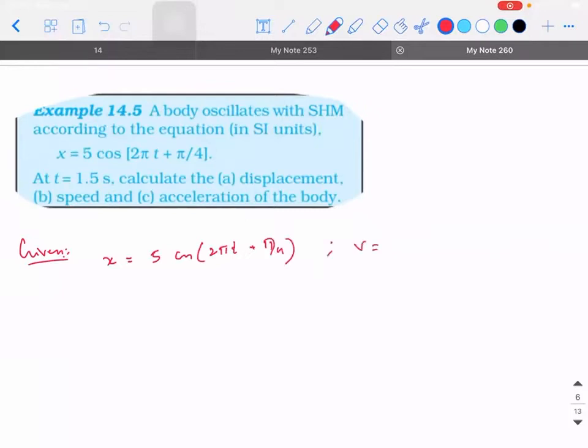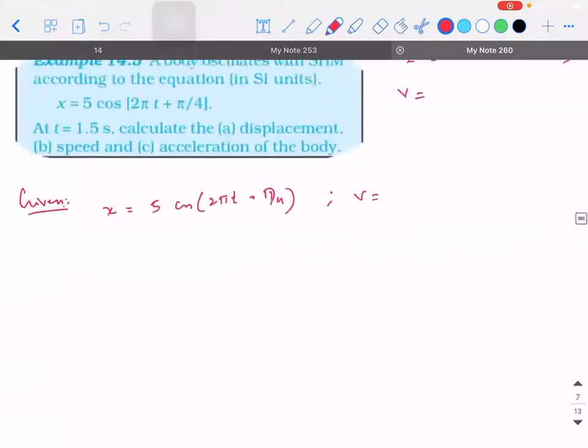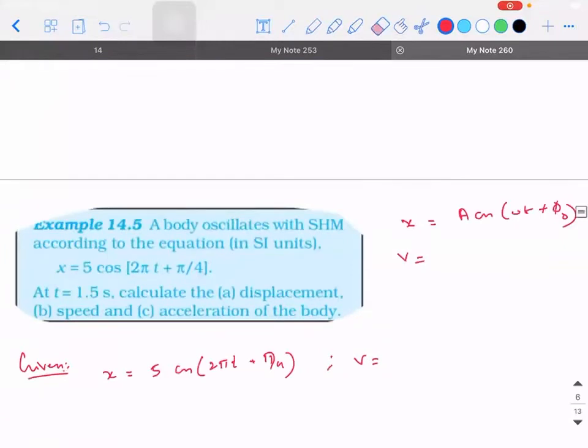What will be the velocity? For x is equal to a cos of omega t plus phi naught, what will be the velocity? I gave you the table, right? Check it. Whatever table I gave you, replace it with omega t plus phi naught.